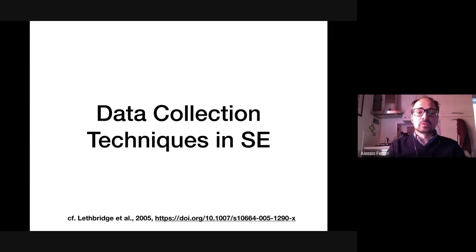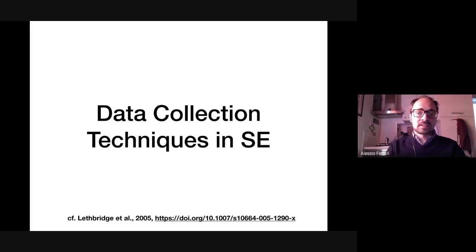This power corresponds to different mathematical operations that you can do on the data that you collect, and of course different statistical analyses that are allowed on this data. Now we see which are the typical data collection techniques in software engineering.